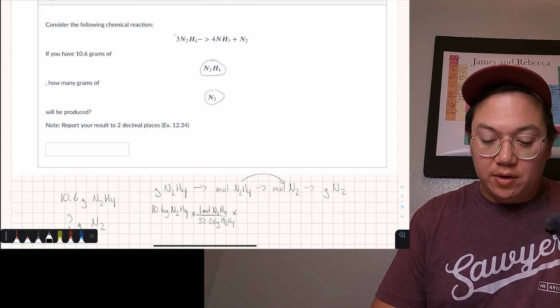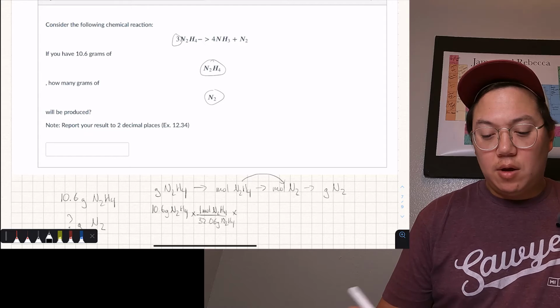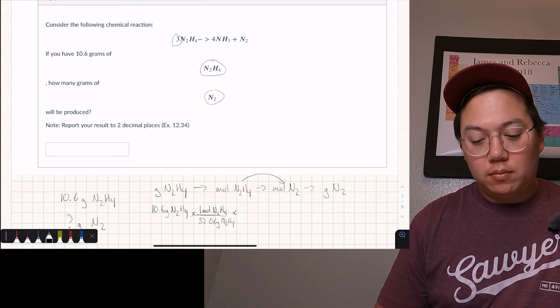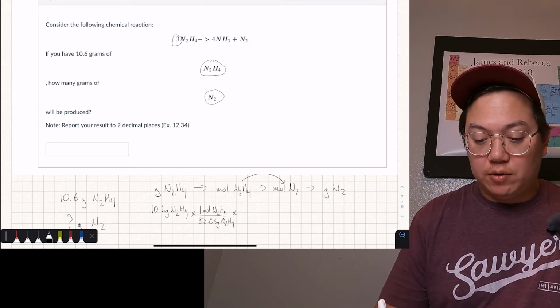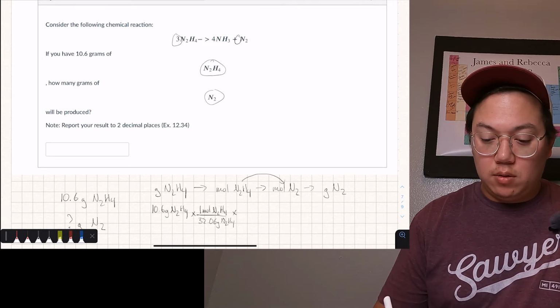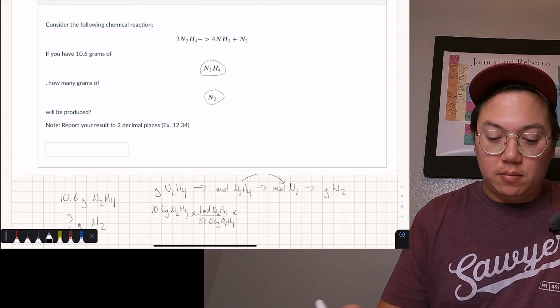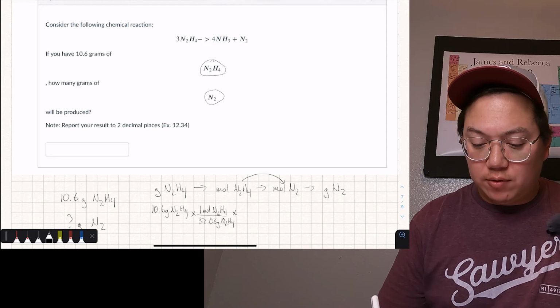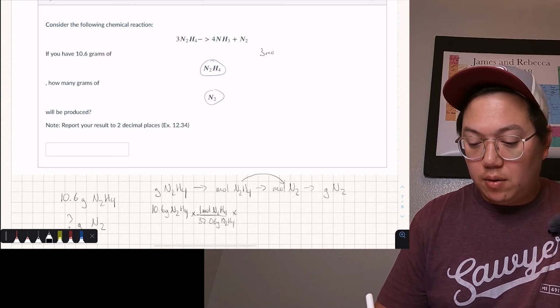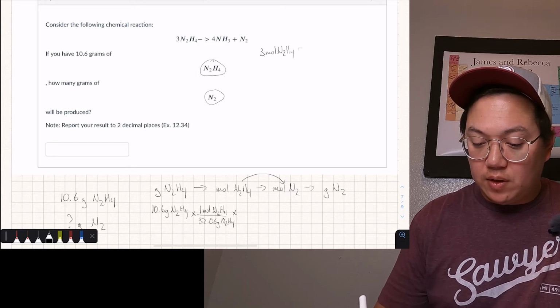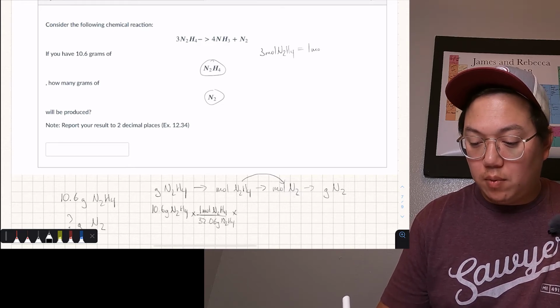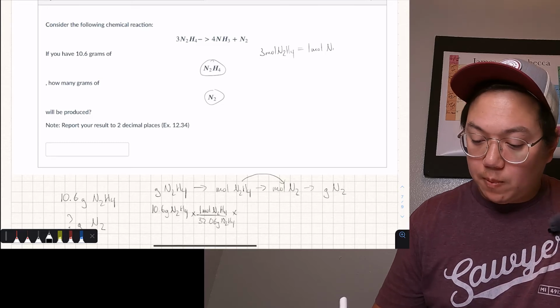And we can see that in these stoichiometric quantities, every 3 moles of N2H4 will give us 1 mole of nitrogen. And if you want, you can rewrite this as a conversion factor. So we say 3 moles dinitrogen tetrahydride equals 1 mole nitrogen.